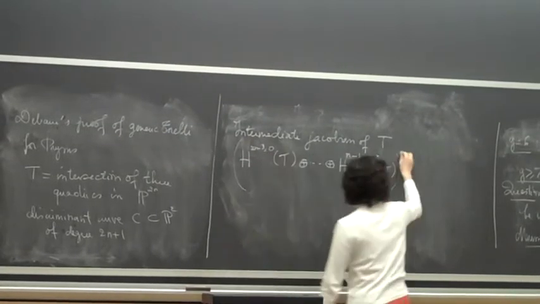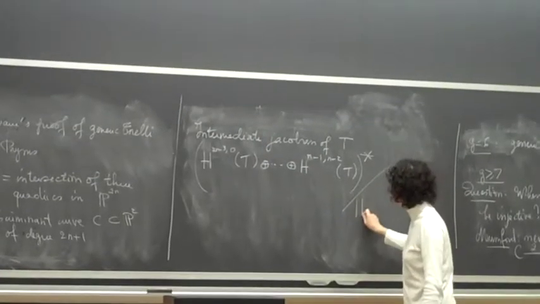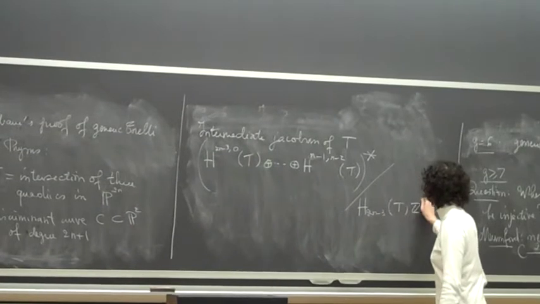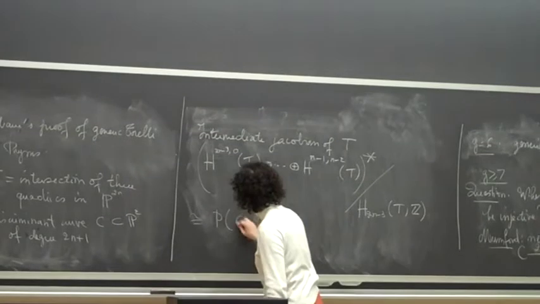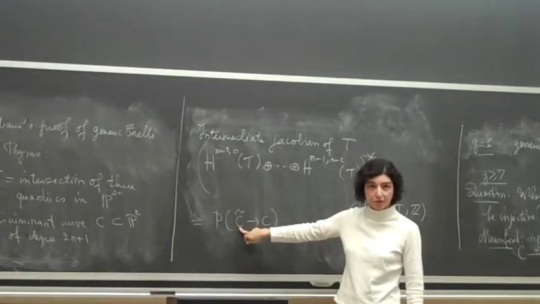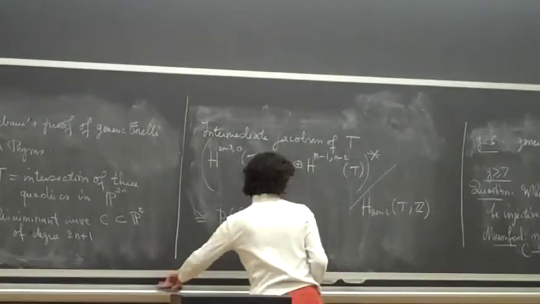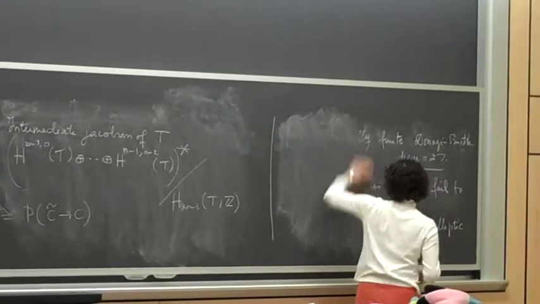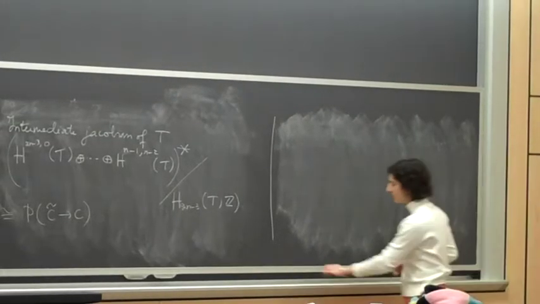It's similar to the construction of the Jacobian. So I take some differential forms, and I take the dual, and I mod out the homology. This Jacobian is isomorphic to the Prym variety corresponding to the double cover C tilde over C. And so he proved Torelli for these intersections of three quadrics by using Torelli for Pryms. So he proved that actually the Prym map is injective.